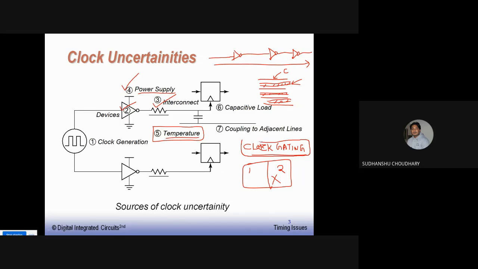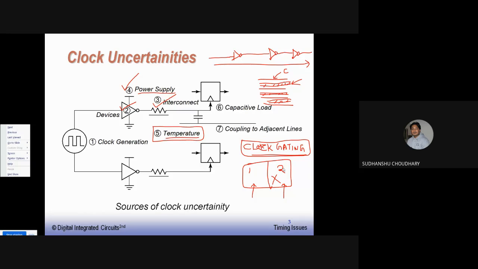Now, because of this clock gating, you will find that the temperatures of these two portions on the chip, that is 1 and 2, will be different. Obviously, portion number 2 is not active because the clock is not supplied to it, so it will be cooler than portion number 1, which is very active and where we have supplied the clock. So because of clock gating, the temperatures within the same chip may differ.